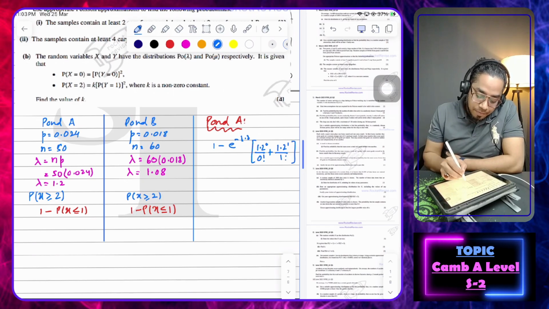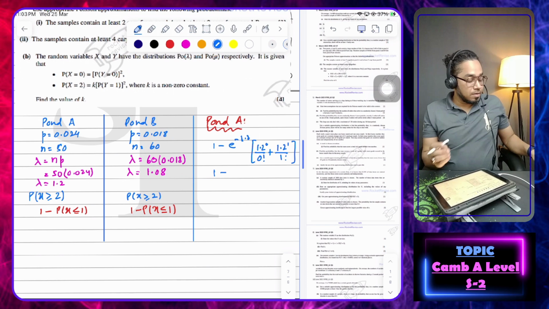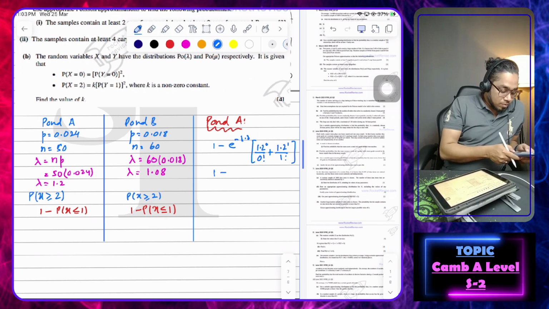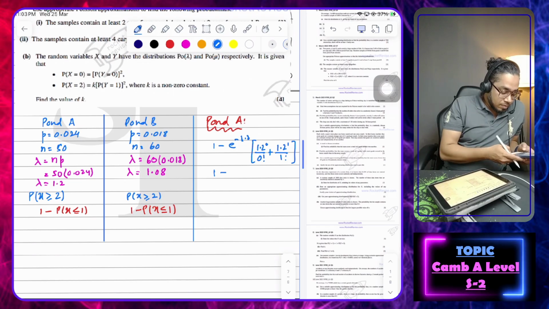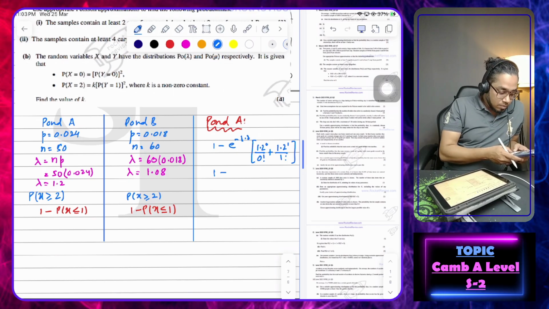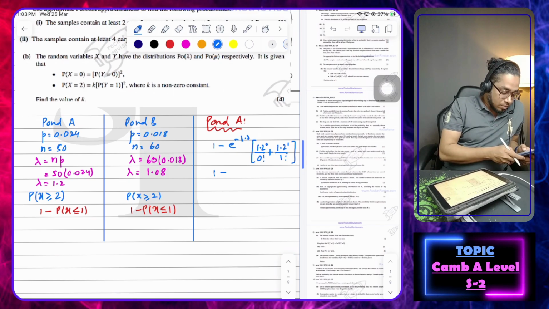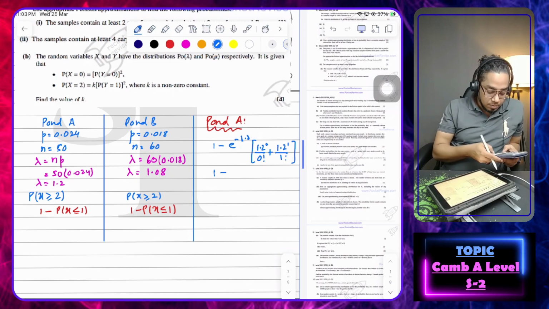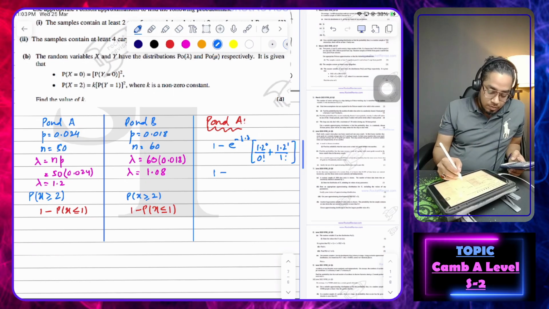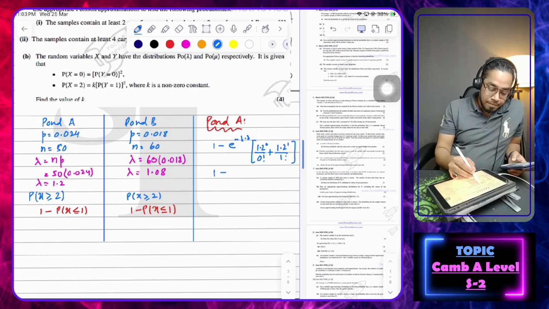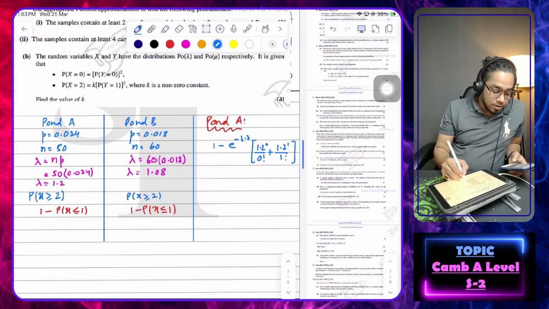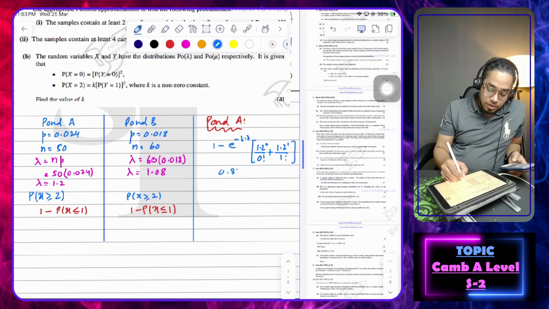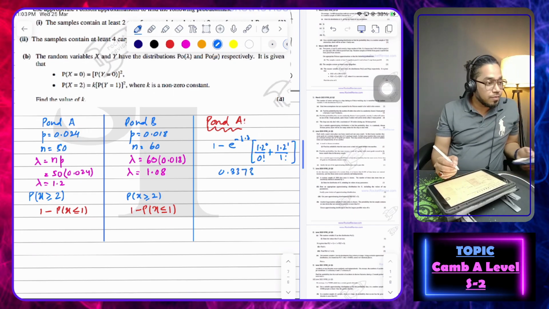Okay. It is going to tell me that the final answer for this one is 0.3373. Okay.